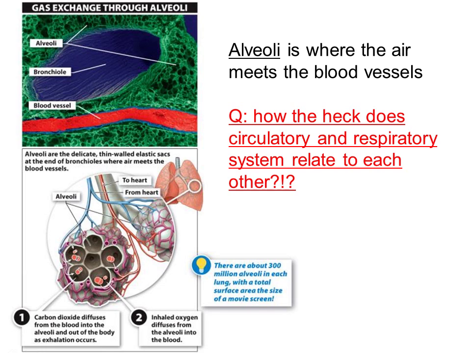These dead ends are tiny elastic sacs, which are the alveoli, and it is here that the air meets the blood vessels. So if the respiratory system and the circulatory system interact, you might think, how the heck do they relate to each other? Well, they relate to each other right here. The air comes in through the windpipe, it branches out through those two bronchi, and then all those bronchioli, and then they end up in the alveoli.